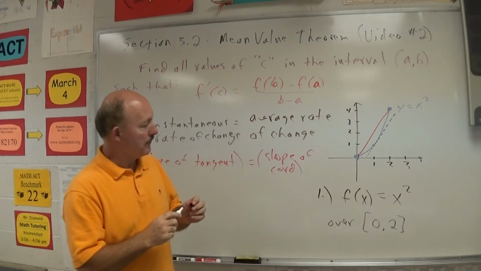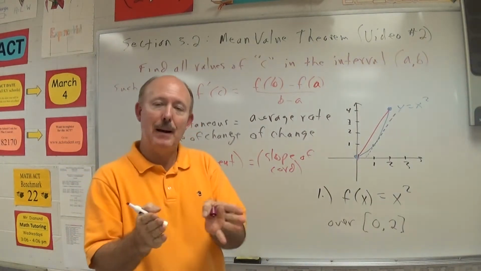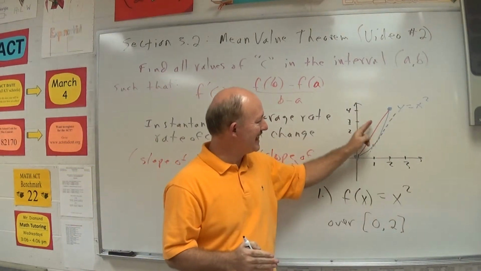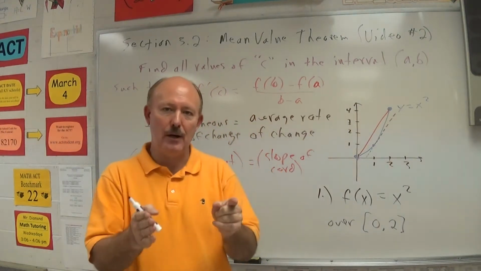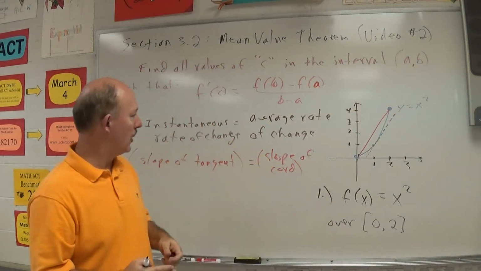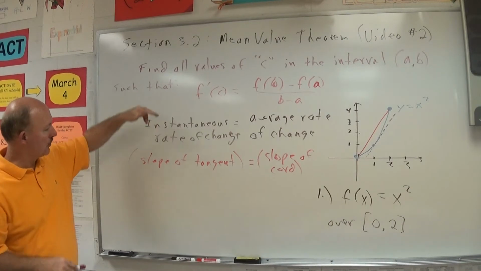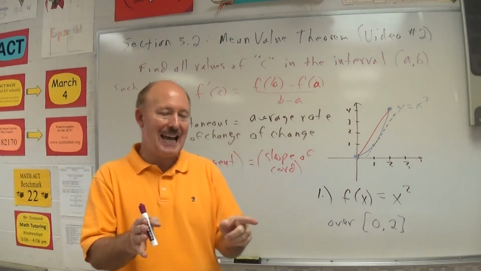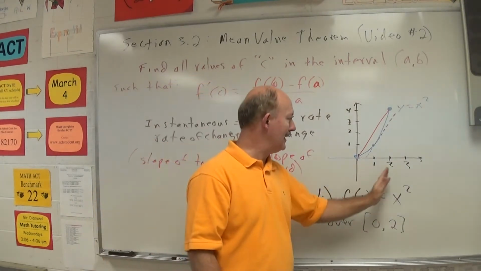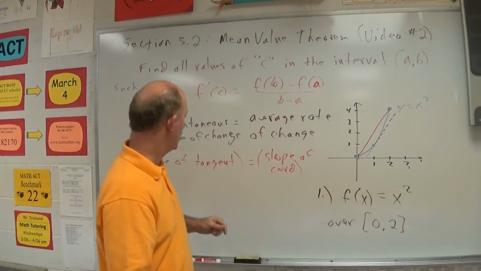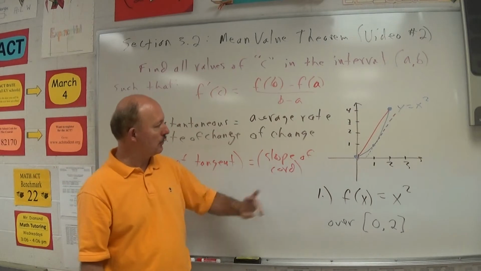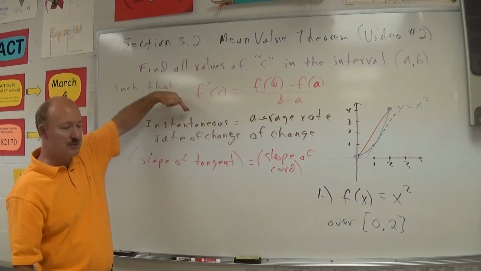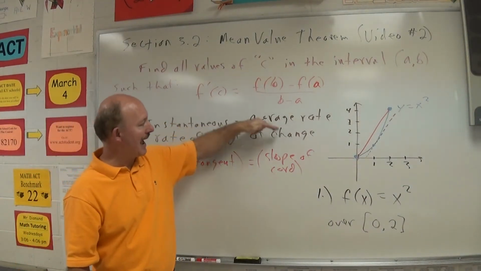That means their slopes are going to be equal. Now remember, derivative is slope. So as we set up our problem, we want the slope of our tangent line to equal the slope of our chord, and we're going to calculate an x value somewhere between 0 and 2 where the slope of the tangent line equals the slope of this chord. That is, the instantaneous rate of change will equal the average rate of change.